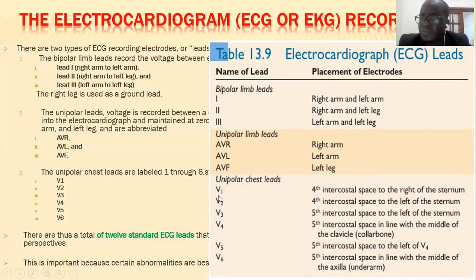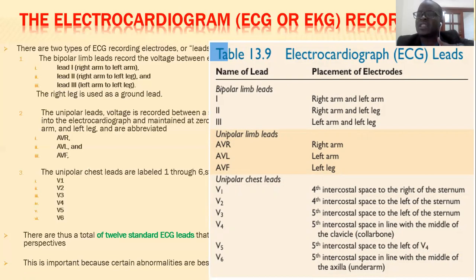For V1, you put your electrode on the 4th intercostal space to the right of the sternum. How are you going to locate the 4th intercostal space? You need to feel for the sternal notch, then you palpate downwards until you feel the sternal angle.